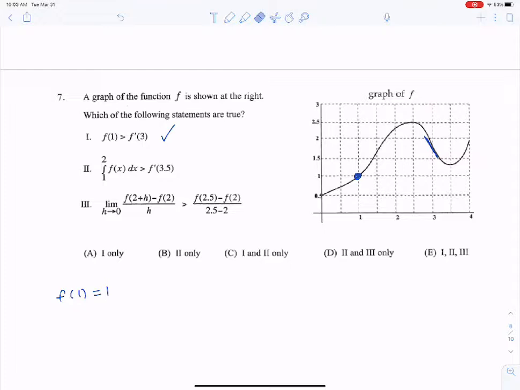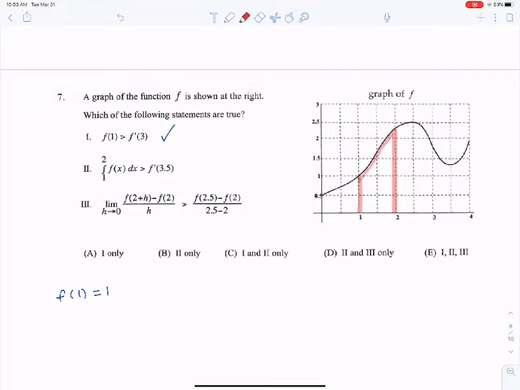Next. We are looking at the definite integral from 1 to 2, and we're saying that's greater than f prime of 3.5.